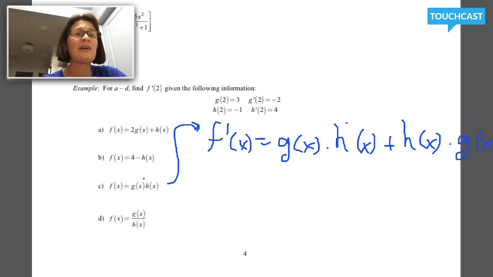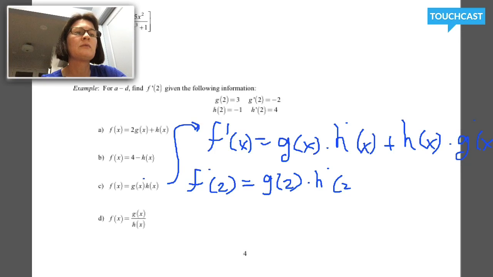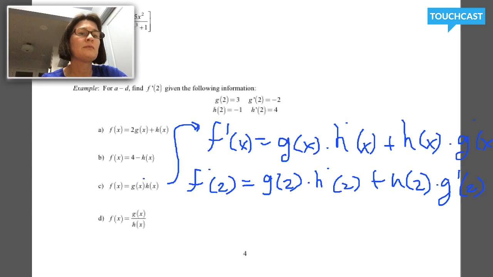All right, well now how do I find f prime of 2? F prime of 2 is going to equal g of 2 times h prime of 2 plus h of 2 times g prime of 2. And I have values for all of those.